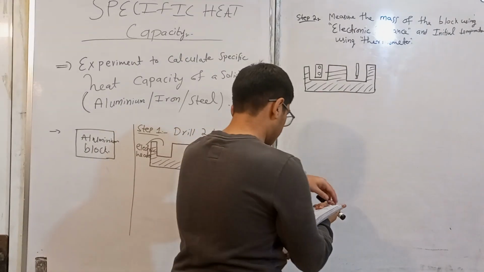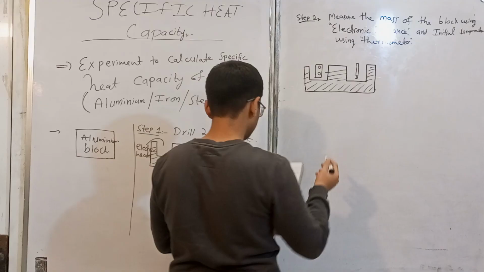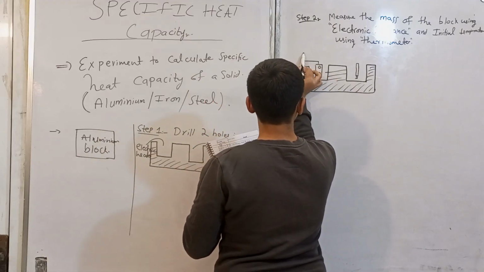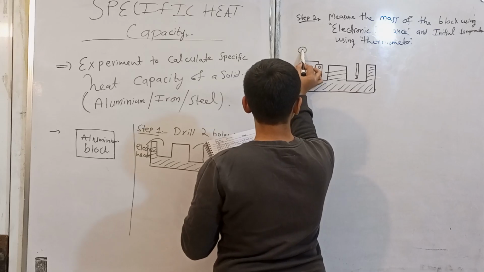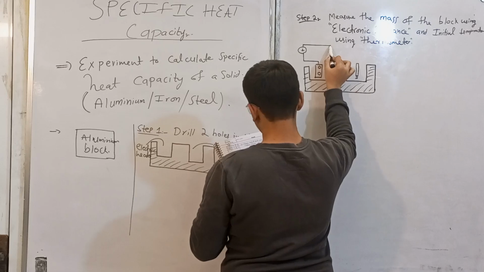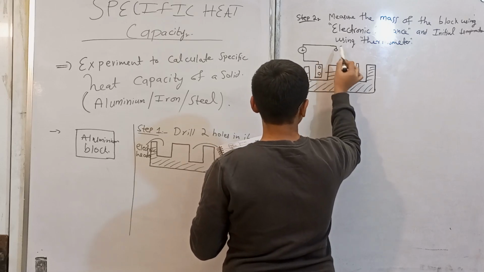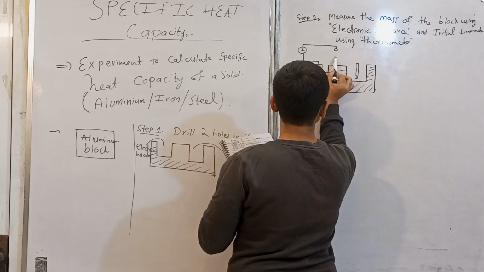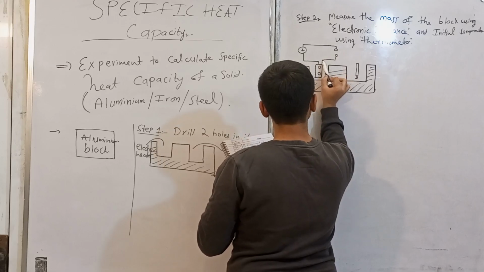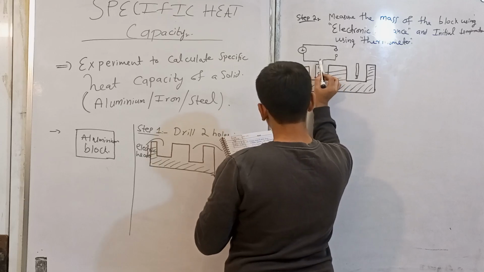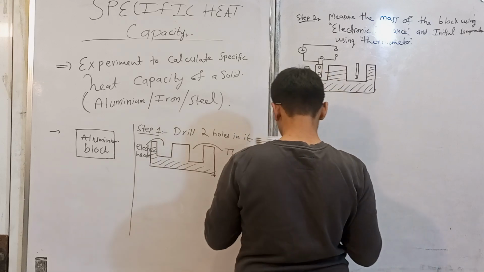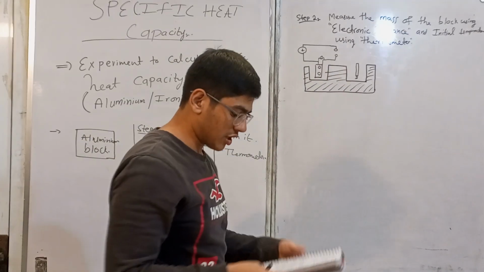Now we will connect a circuit with it. Here we will join an ammeter, which is used to measure current, and here comes our power supply, and we have also connected a voltmeter to measure the potential difference.